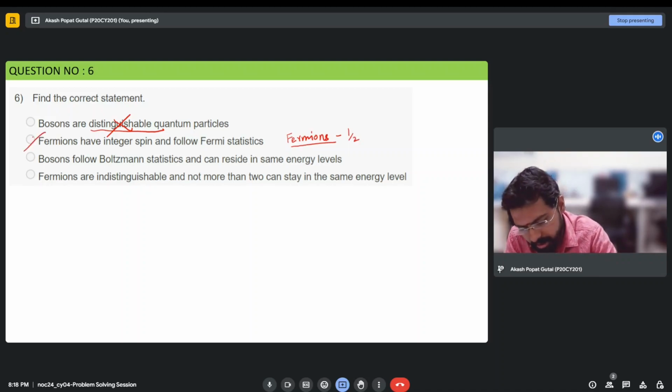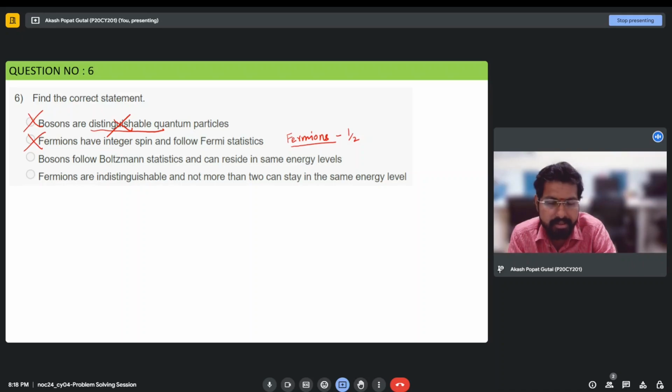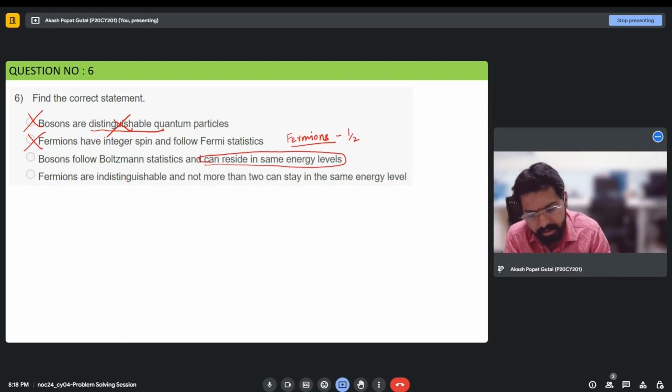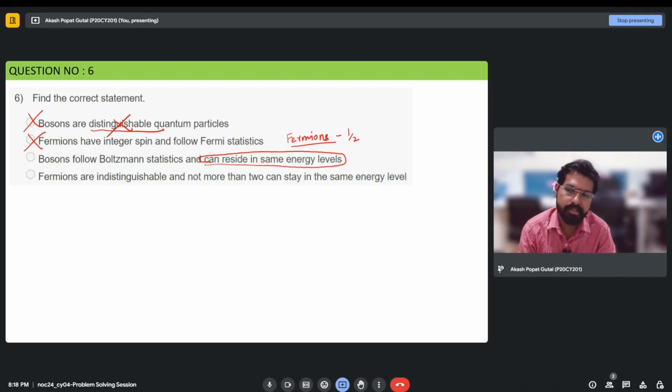So this second statement is also wrong. Third: bosons follow Boltzmann statistics and can reside in the same energy levels. It is true that they can reside in the same energy levels, but they don't follow the Boltzmann statistics. Boltzmann statistics is followed by distinguishable particles, and bosons follow Bose-Einstein statistics.